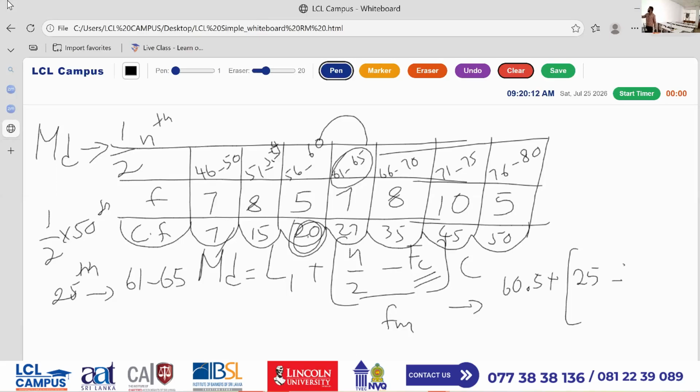So 25 minus 20 over the frequency of the median class, 7, into the width 5. Now calculate and take the answer. The median class is 61 to 65, so the median value should be between 61 and 65. Check what the answer is.